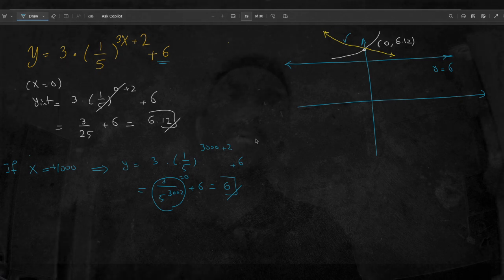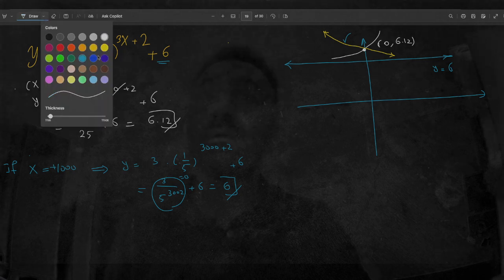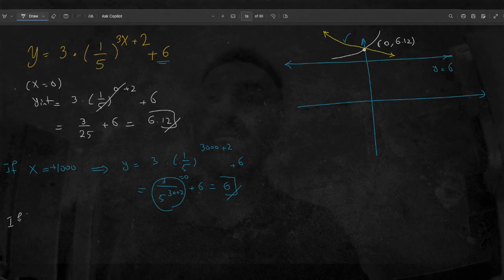Okay, but let's suppose that you want to choose a very big negative number. If x equals minus 1000, so y equals 3 times 1 over 5 to the power of negative 3000 plus 2, plus 6.